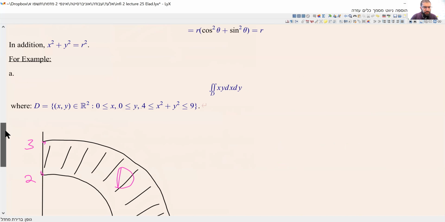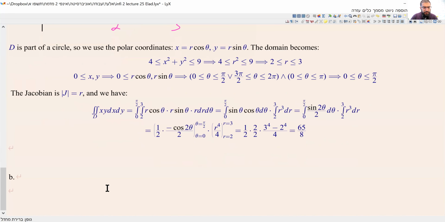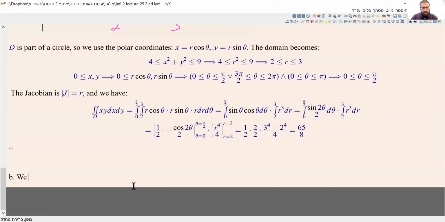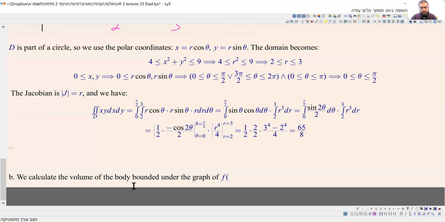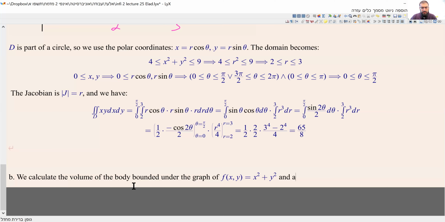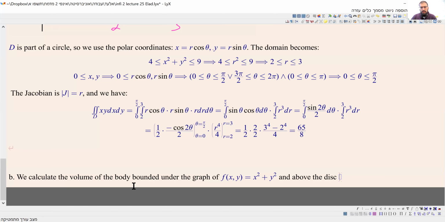So this was example A, and this will be example B. We calculate the volume of the body bounded beneath, under the graph of x squared plus y squared, and above the disk x squared plus y squared is smaller than 9.